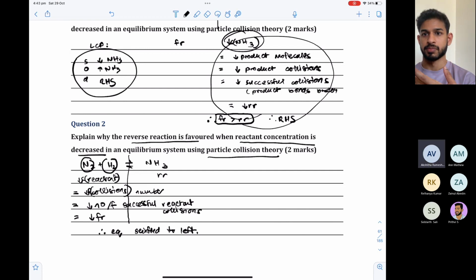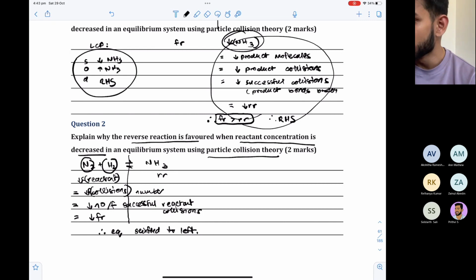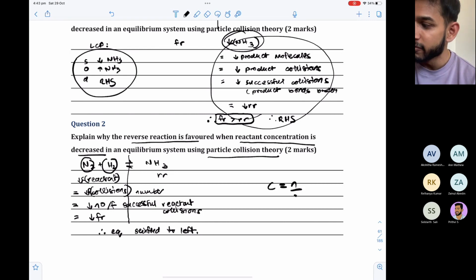If I decrease the concentration of reactants, the reactants are nitrogen and hydrogen, right? What's going to happen to the number of molecules? It's going to go down. Do you agree? Well, what is C? C is n on V. If I decrease the concentration of reactants, I decrease the number of molecules of nitrogen and hydrogen.